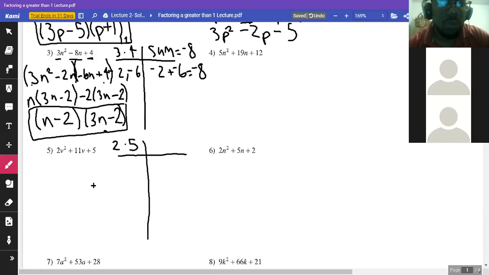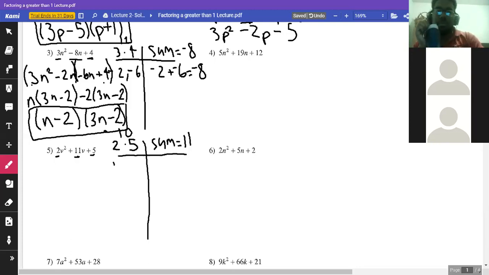So I'm trying to find two numbers that multiply to 2 times 5, which I know is 10. Again, I'm getting that because this is the constant and this is my leading coefficient. And that sum to give me 11. Can anyone think of two numbers that multiply to give me 10 and add to give me 11? 10 and 1.